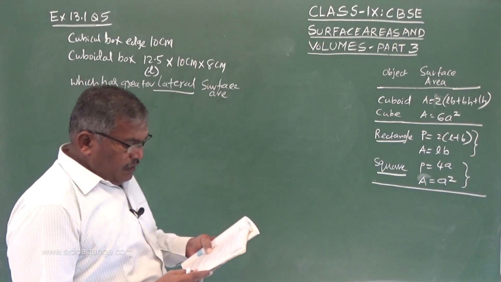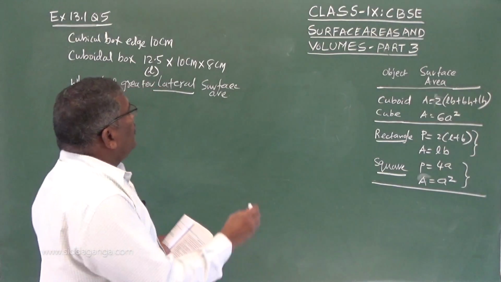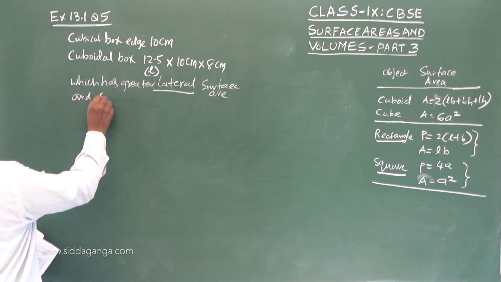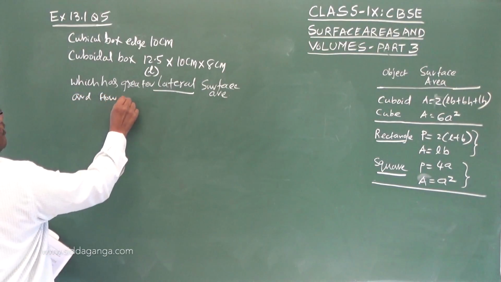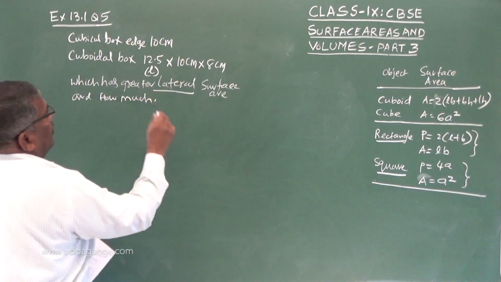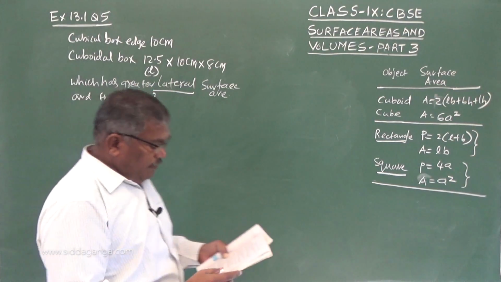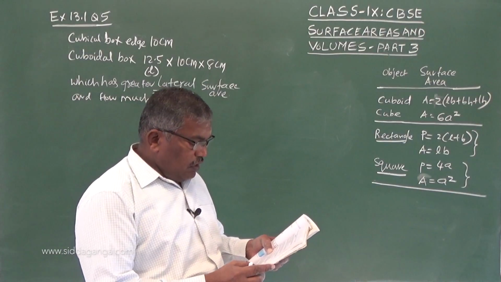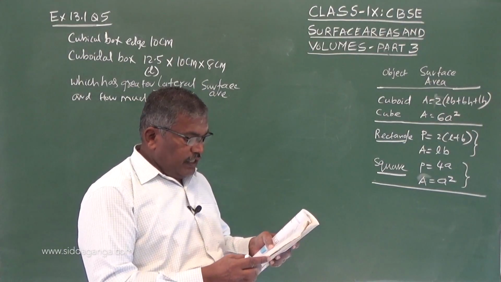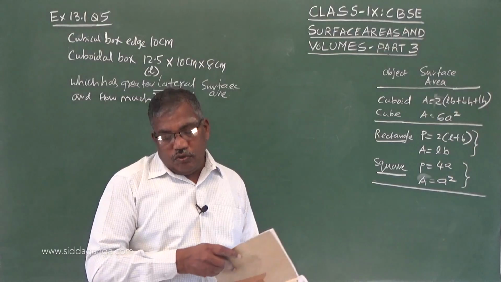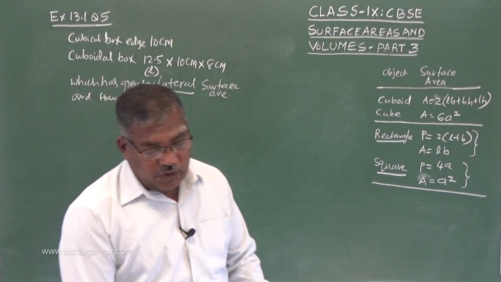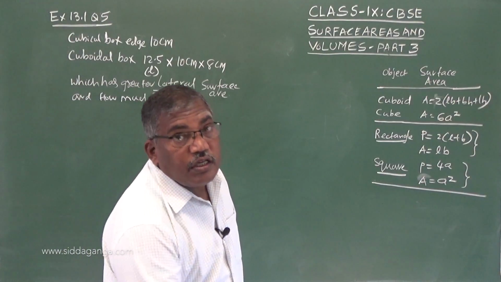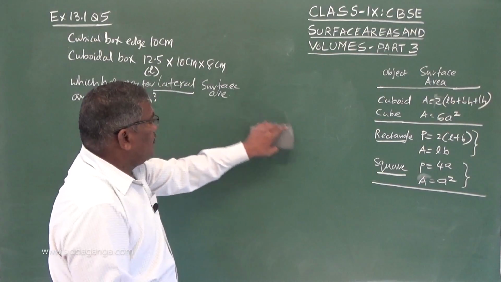And how much? How much is the difference? Second question, which box has the smaller total surface area and how much? So we have to calculate both lateral surface area and the total surface area of the two figures.